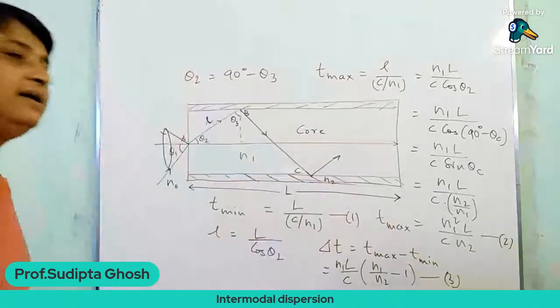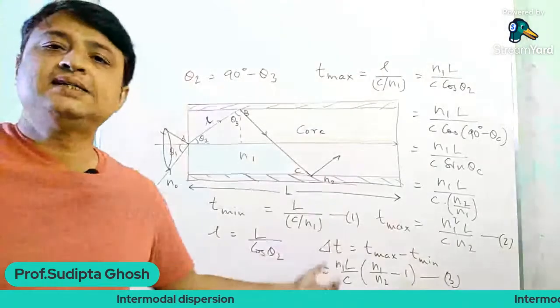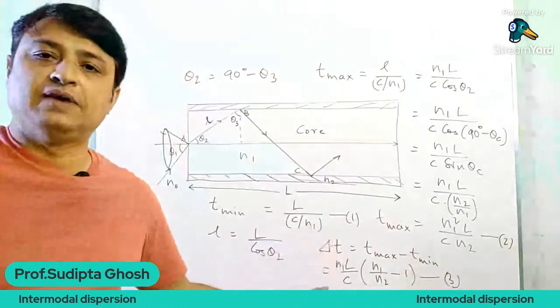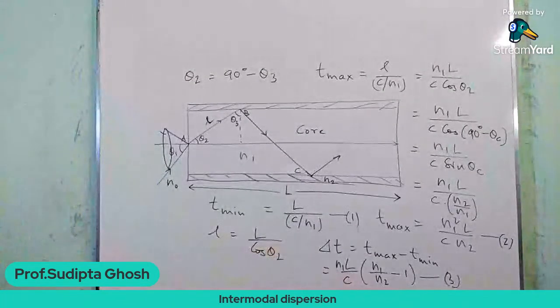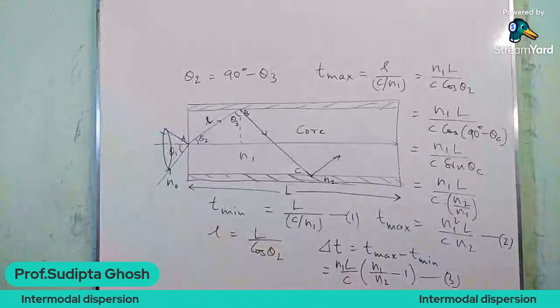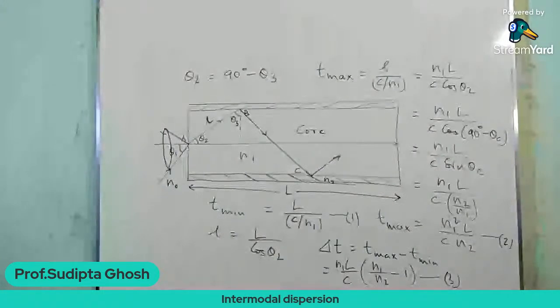So you will find that this is the maximum time interval which may occur inside the fiber, and it is L n1 by c into n1 by n2 minus 1. Now the ray travels with a speed of c by n1.